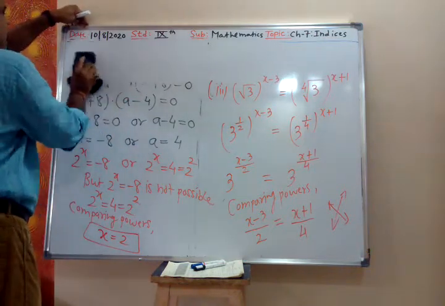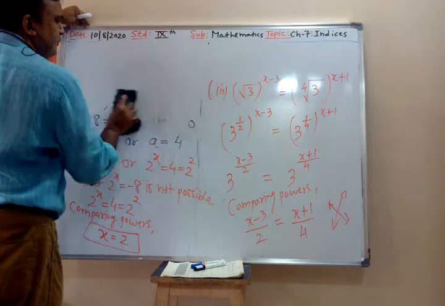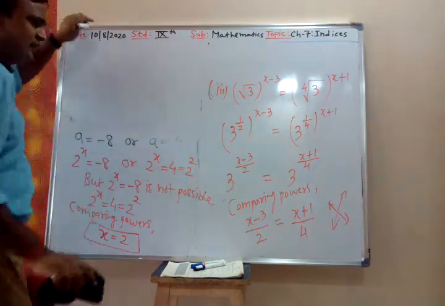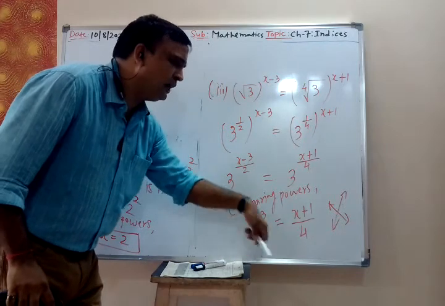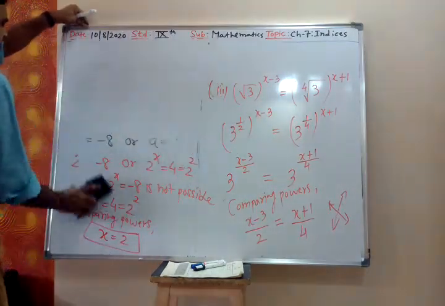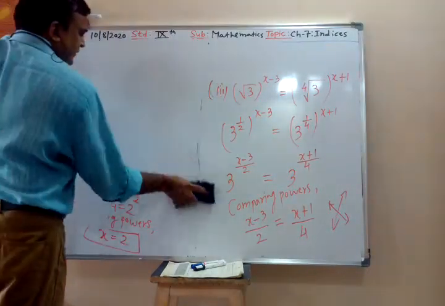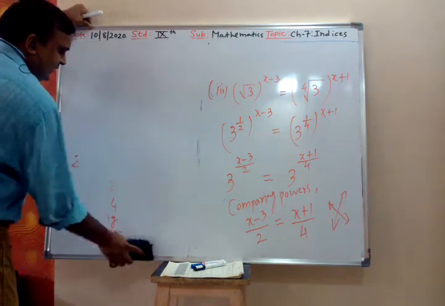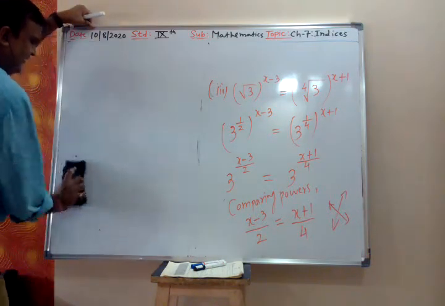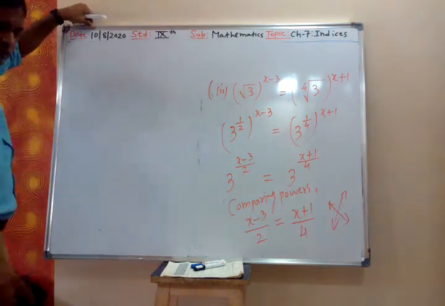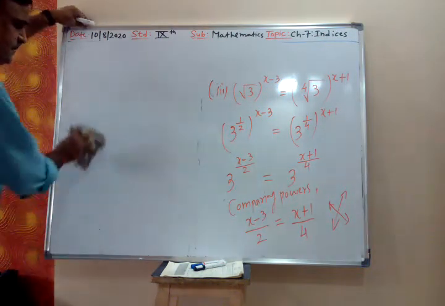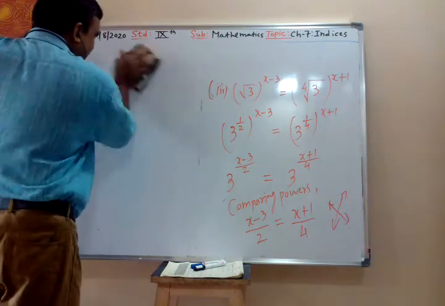How can you take LCM? We take LCM whenever both the terms are on the same side, with a plus or minus sign. But 2 and 4, they are on the opposite side. So the only method is cross multiplication. Solve this and get the answer fast.